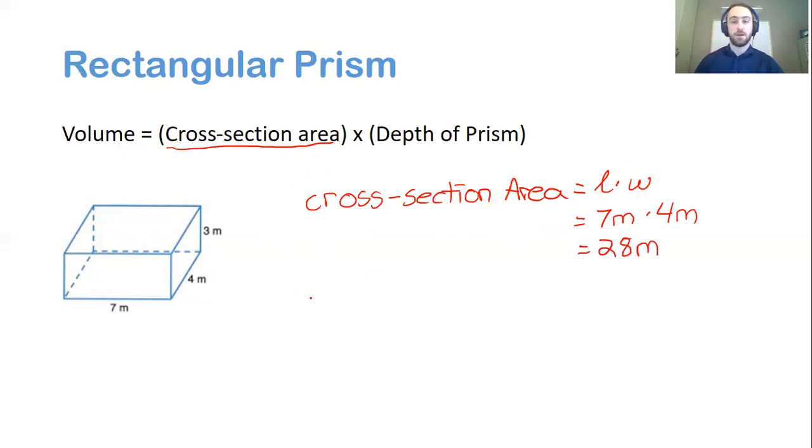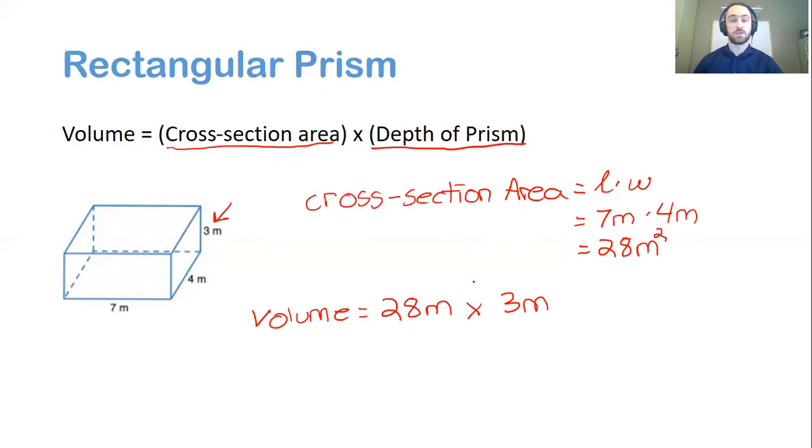Perfect. Now, what is our depth of our prism? Well, that is simply the height. In this case, 3 meters. So therefore, our volume is simply our 28 meters multiplied by 3 meters. Sorry, our cross-sectional area is actually meters squared, right?